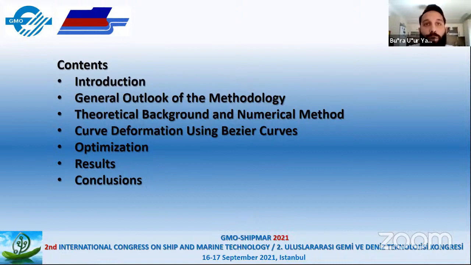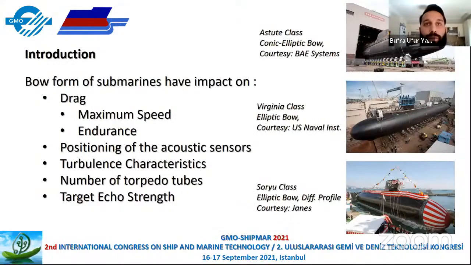A submarine hull form can be divided into 3 main regions: forebody, parallel middle body, and the aft body. In this presentation, the forebody of a submarine will be of interest. The shape of the submarine forebody is one of the most important factors for low drag. Low drag means higher maximum speed and increased endurance, which means higher operational time for submarines.